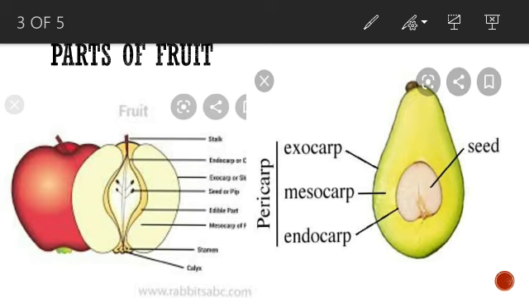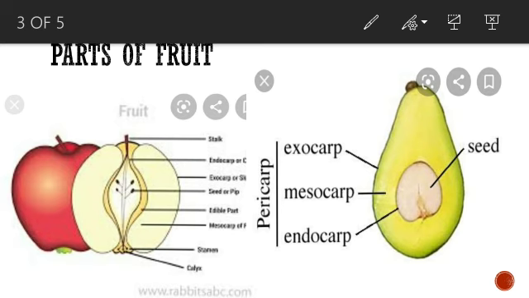You can observe the fruits of pear, mango, chiku, apple, etc. What do you observe? Each fruit has a different skin or shell, fleshy part and seed. In case of fruits like cashew, its seed is outside the fruit.